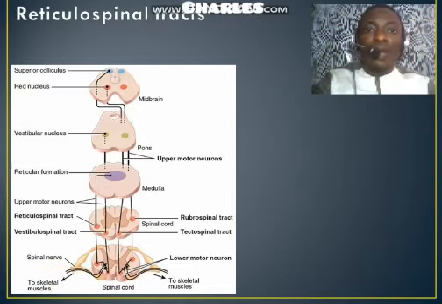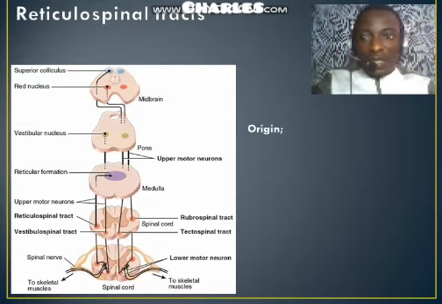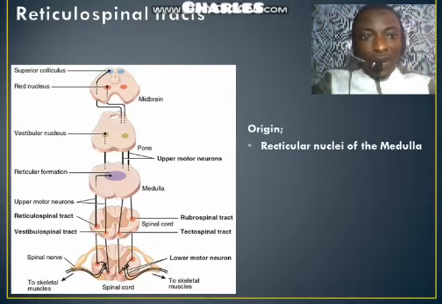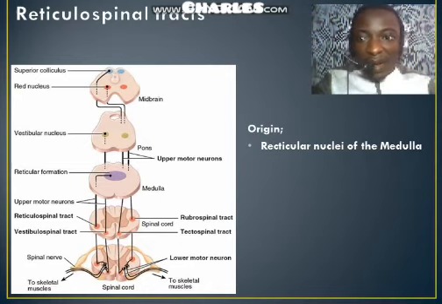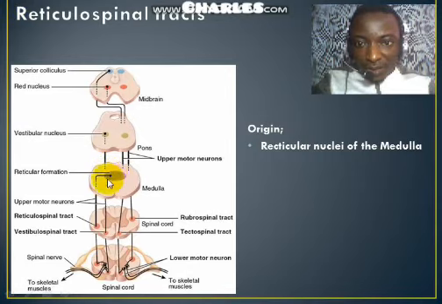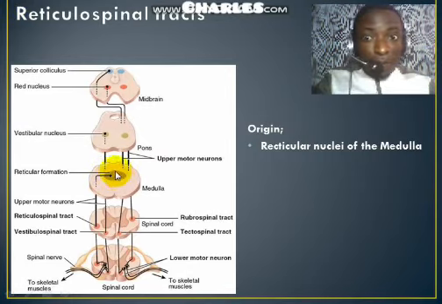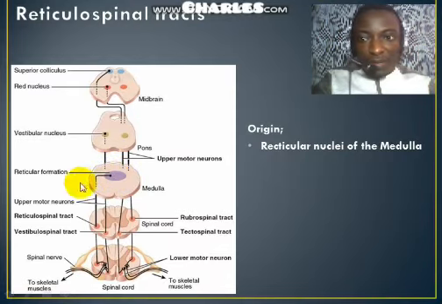Now, the reticulospinal tract originates from the reticular formation or the reticular nuclei of the medulla. The purple colored structure represents the reticular formation. So it's taking its origin from this part of the CNS.